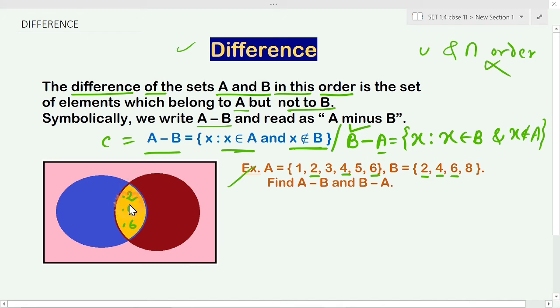So 2, 4 and 6 are in the common region, the yellow region of A and B. We take blue as A, brown as B, and pink as the universal set U. Now the other elements of A are 1, 3 and 5, in the blue region of A. The other element of B is 8, in the brown region of B. First of all you have to notice that 2, 4, 6 are elements of A and also elements of B. Now we calculate A minus B.